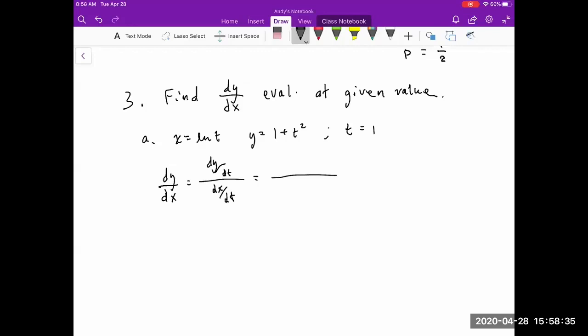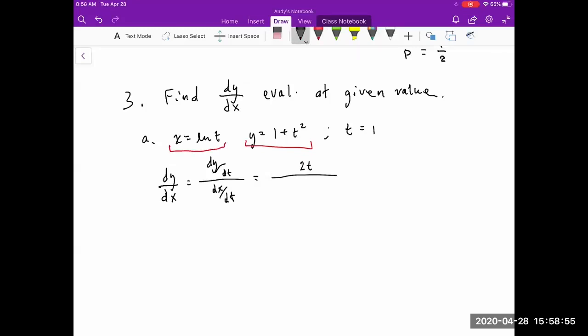Let me make it a little more clear, okay? So dy over dt is the derivative of y with respect to t. So what's the derivative of 1 plus t squared? It's just 2t. Good.